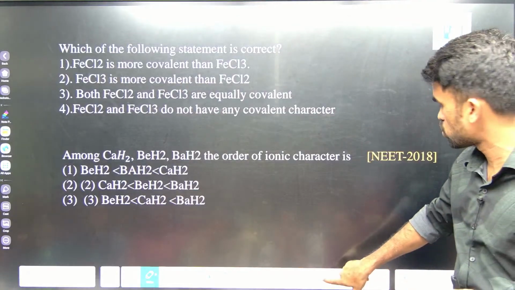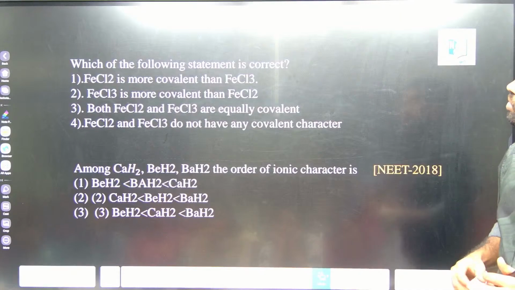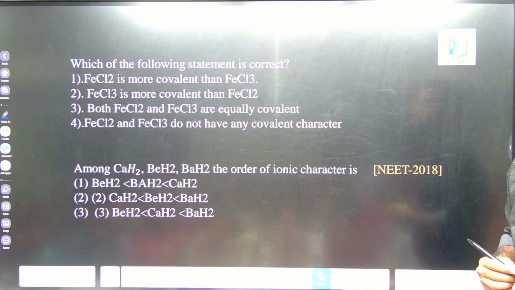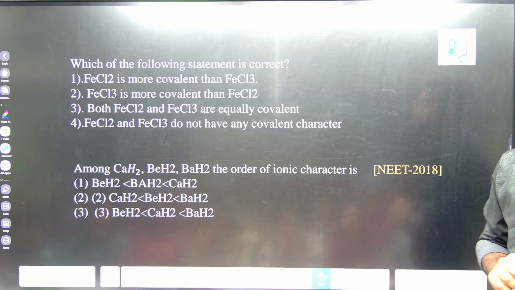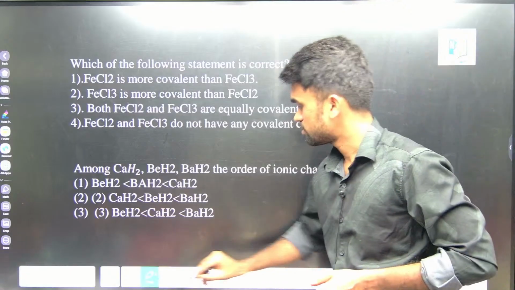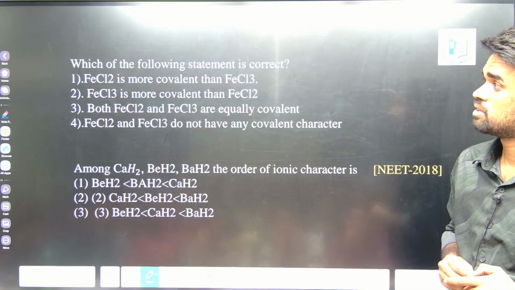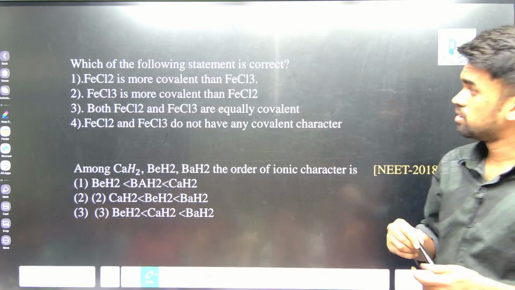Can you answer these two questions fast? Which of the following statements is true? FeCl2 is more covalent than FeCl3. Is that true or false? How can you answer? The charge of the anions is the same, so look at the cation.